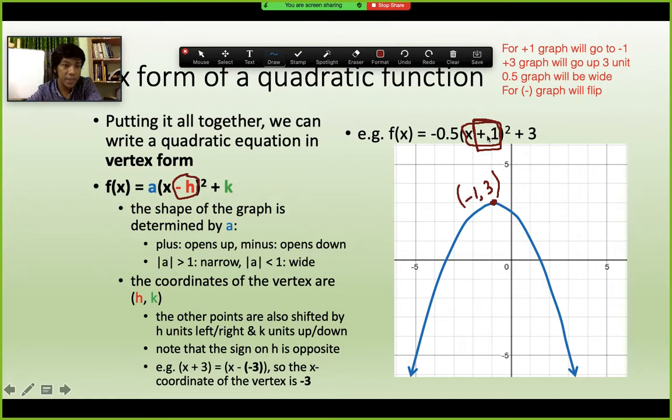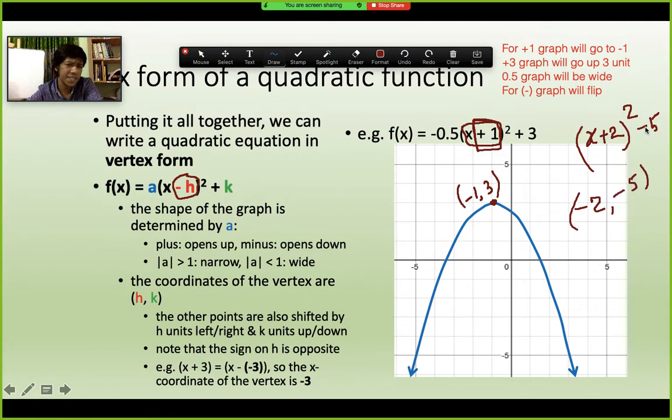Suppose if I give you (x + 2)² - 5, something like this. That means your vertex x value will be at minus 2, and the y value is minus 5. So for this question, the vertex will be at (-2, -5).